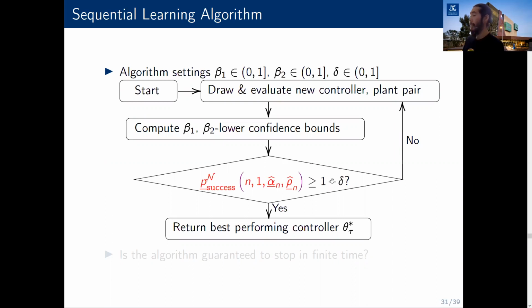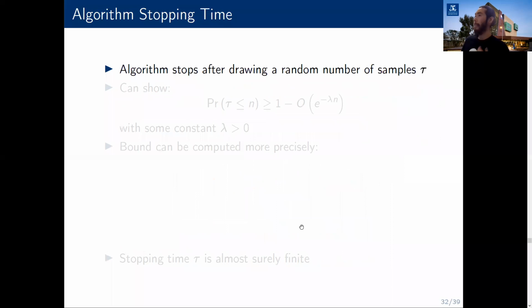So we check if this is at least 1 minus delta. What's not immediately clear is whether this algorithm is guaranteed to stop in finite time. If it does stop, then it returns this success probability at least 1 minus delta, but whether it does stop or not is another question itself. And the answer to that is affirmative.